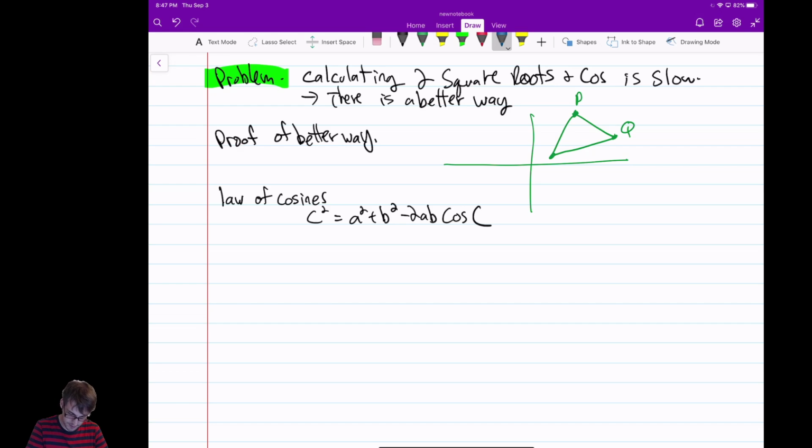In this, the small c is this side here. That's the c we're referring to right there. A is this, and B is this side, and this angle here is the big C.